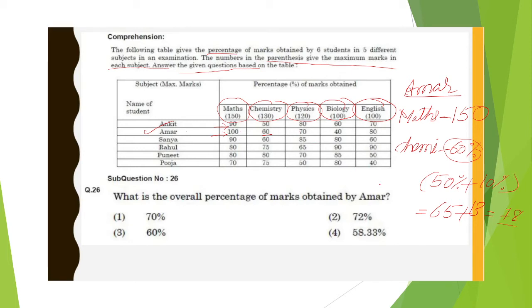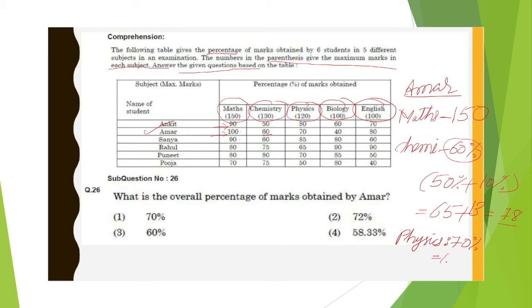Then physics. In physics he got 70 percentage. For 70 percentage, don't directly do 70 by 100 into the total marks. That is a very big calculation.